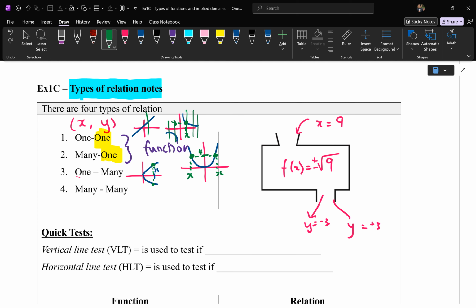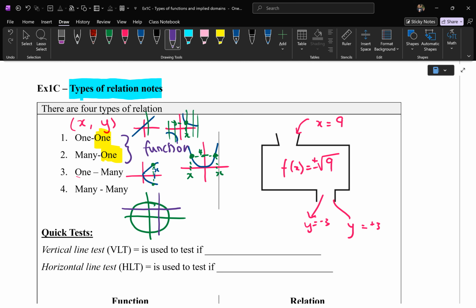And then the last one, which is what Charlie was saying, it was a circle, many to many, because a many to many has both the ideas that for 1 x you get 2 y's, but also for 1 y you can get 2 x's as well. That's why it's a many to many. So it's many x's to many y's and vice versa. Whereas a square root relation is specifically 1 x to multiple y's.